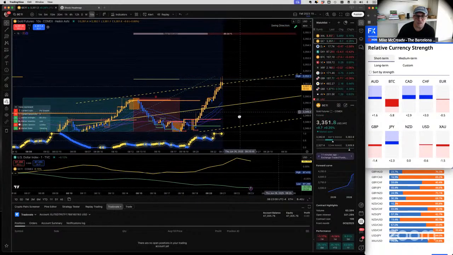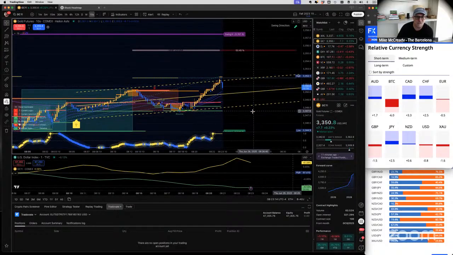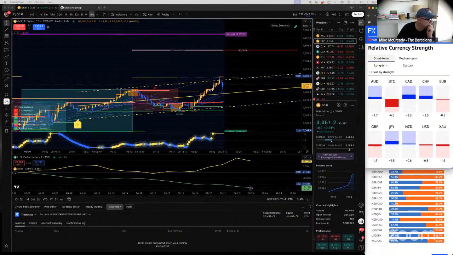Okay, we did get some movement up there. That was a buy. And now we have broken through the resistances that I was talking about.